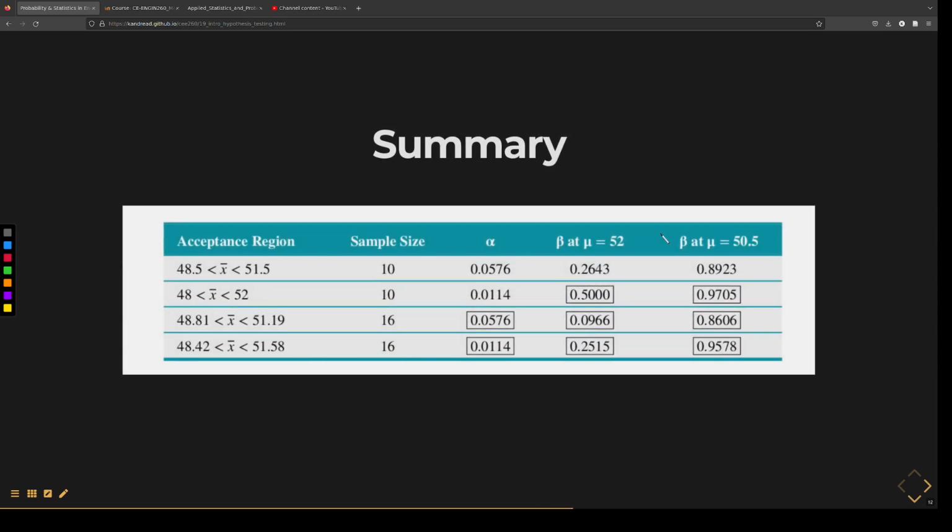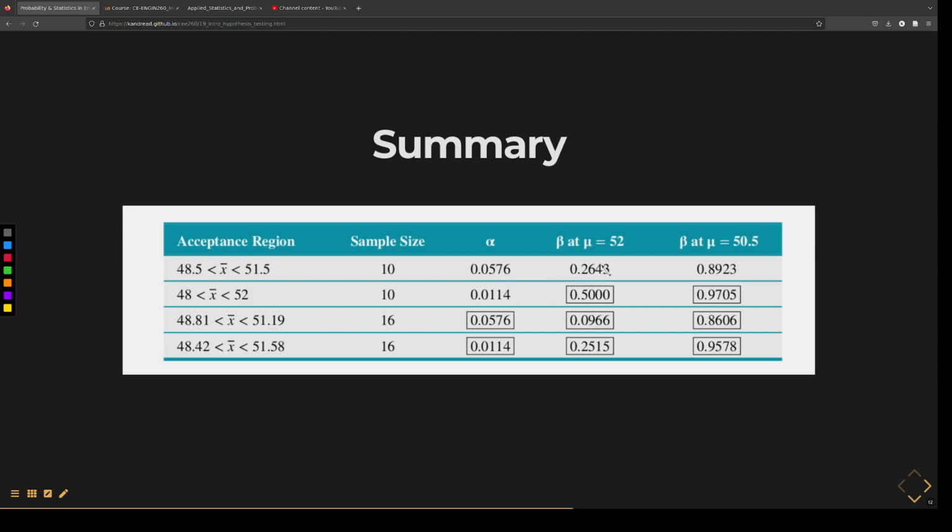So just to summarize here, and again, we've only touched upon some of these topics, but with hypothesis testing, if we have the acceptance region being between 48.5 and 51.5, and we have a constant sample size of 10, the alpha here, the probability of rejecting the null hypothesis when it's true, is 0.05.